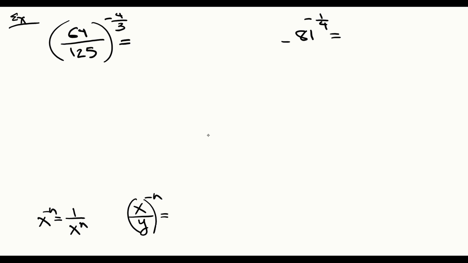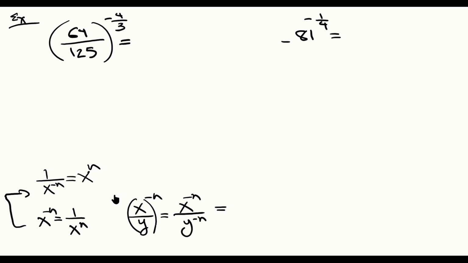Remember, this means x to the negative n over y to the negative n. Now, this rule on the left, if you remember, had a close relative, which is, what if you have 1 over x to the negative n? And that is, what if the negative power was downstairs?